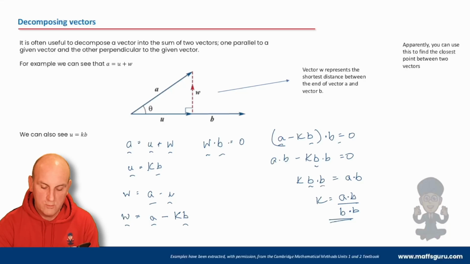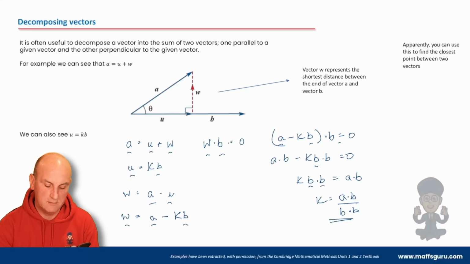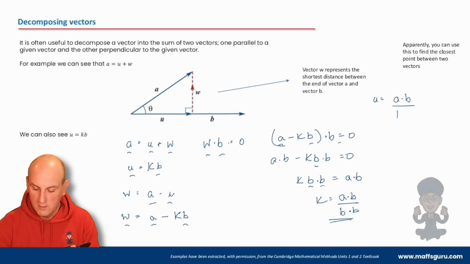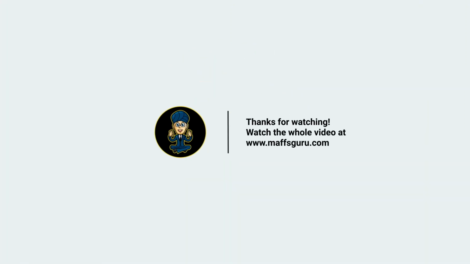We can now find this vector U, the length from this point to that point, by substituting it back in. U is equal to K, which we now know is A dot B over B dot B, times B, in a set of brackets. Now we have a way of finding that.